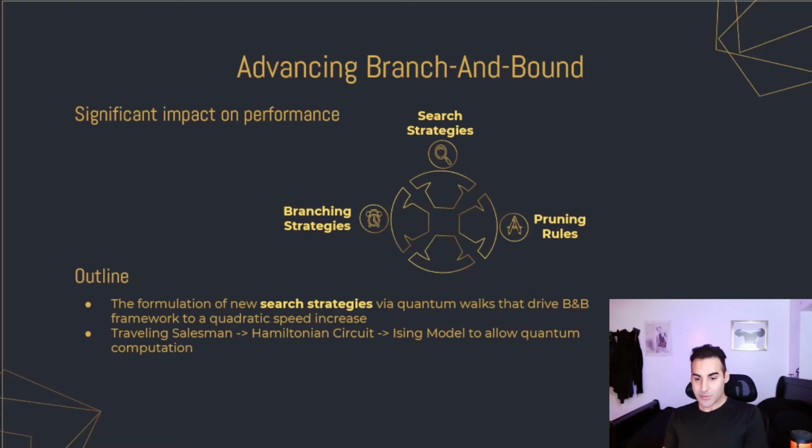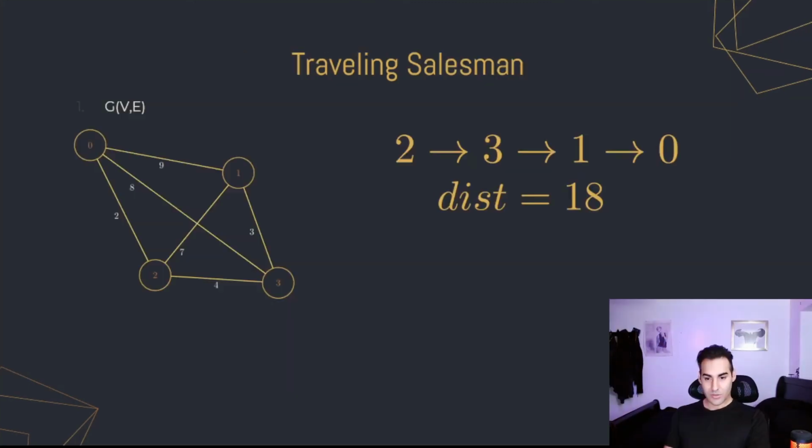And to do this, I'm going to use the techniques that we learned in class by transforming the traveling salesman into a Hamiltonian circuit and from there transforming it into something called an Ising model, which is a new NP-complete problem that we haven't seen yet, but in this form will allow us to perform the computation on a quantum computer.